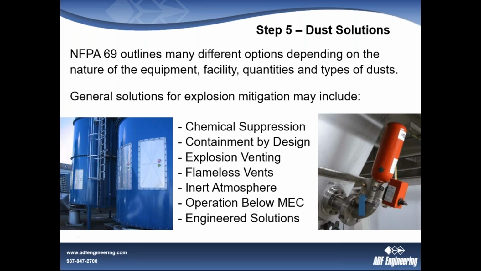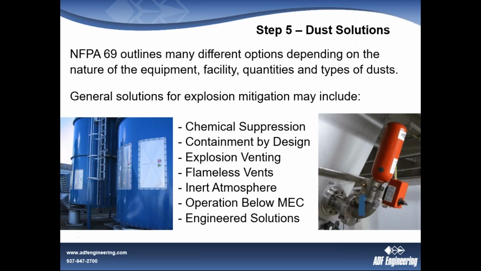Proper explosion venting, containment, all of these things are other options that may be good solutions as well. But sometimes it is necessary to have those explosion vent panels added, to have those suppression bottles added, and a proper engineering firm can help you get aligned with, hey, what are some of the best choices for that kind of thing?